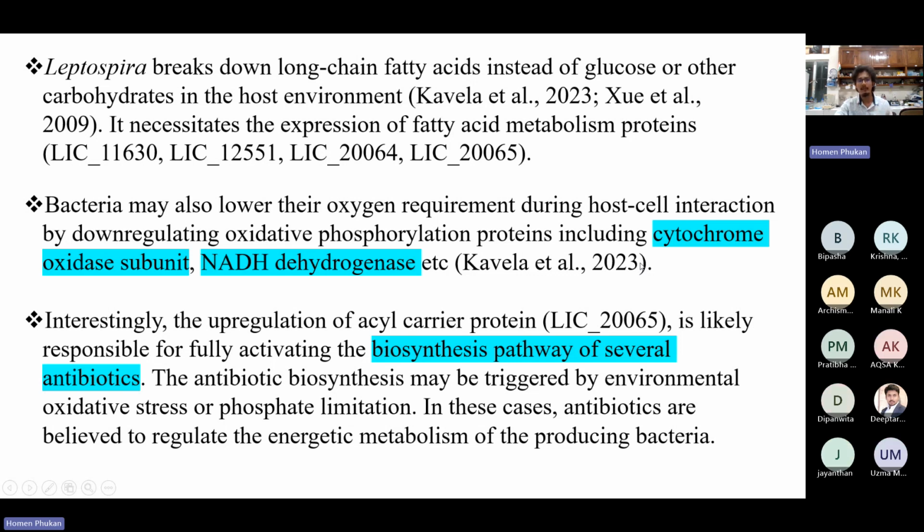This was a surprise for us because during these harsh conditions, this bacteria is expressing the biosynthesis of antibiotics. But this surprise did not last long because we could find the reason why it is happening. This antibiotic biosynthesis may be triggered by environmental oxidative stress or phosphate limitations, and in those cases, antibiotics are believed to regulate the energetic metabolism of the producing bacteria.